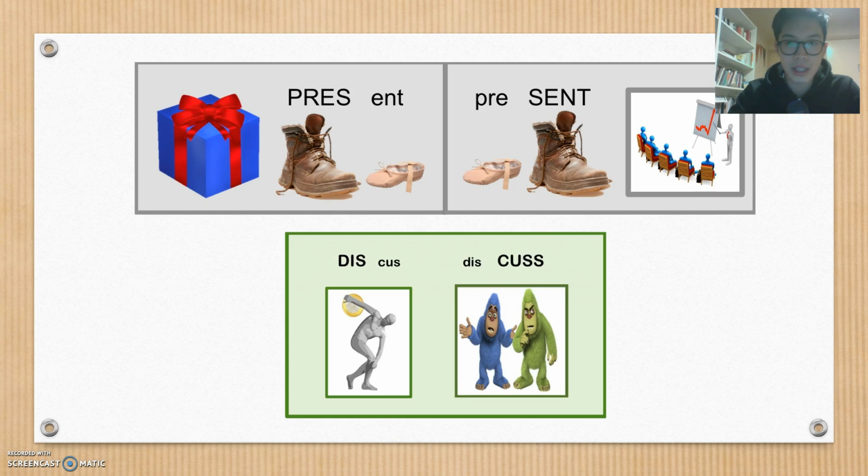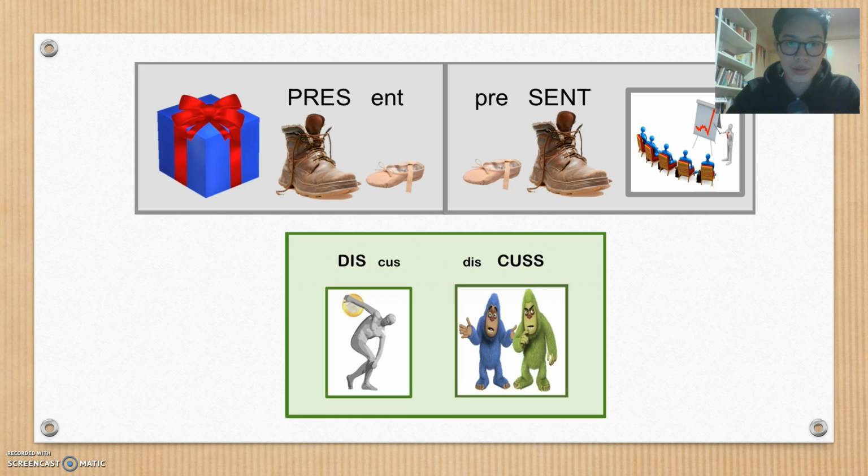So present, in the case of the gift, is present, with the first one being stressed, second unstressed, and then present, unstressed to stressed. So hopefully a useful example to exemplify stressed and unstressed syllables. The other example that might be easier for you to remember is discus and discuss. Discus has the stressed syllable and then unstressed, and then discuss has unstressed and then stressed.